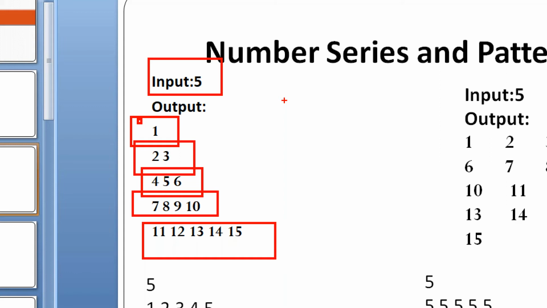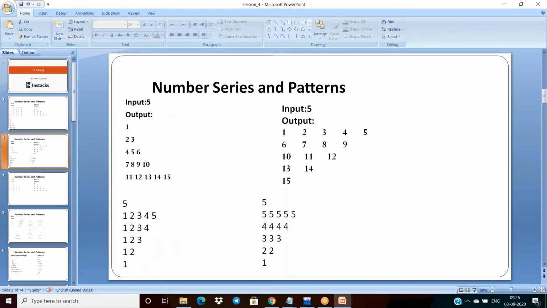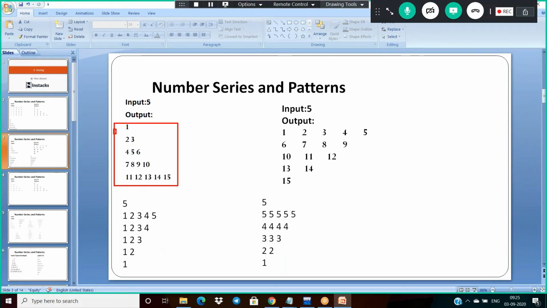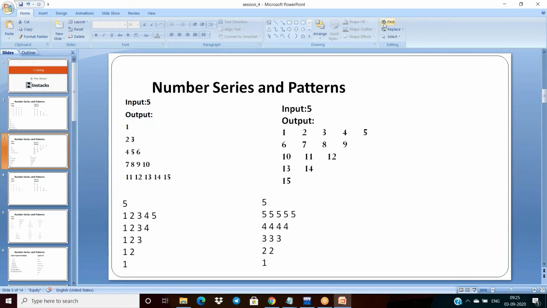And for doing this task, what do we have to do? For implementing this, the pattern is almost similar to the previous pattern, but the values are modified: first one is 1, second time is 2, 3, 4, with continuous increment.